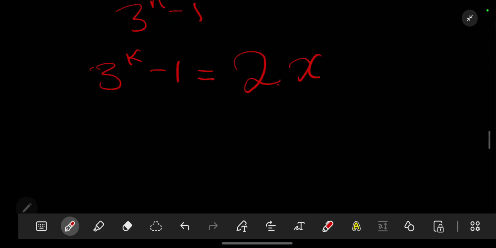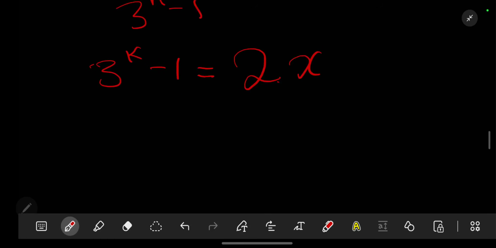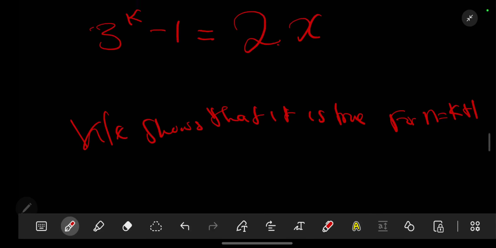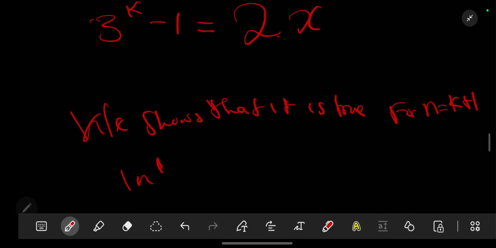So with that said, we now need to show that it is true for n is equal to k plus 1, using the inductive hypothesis.